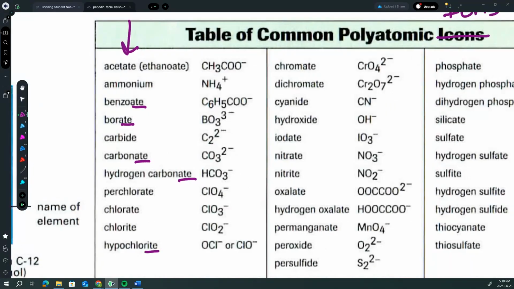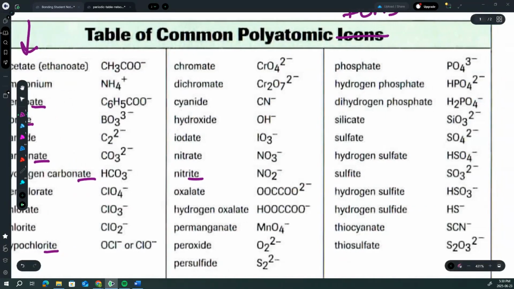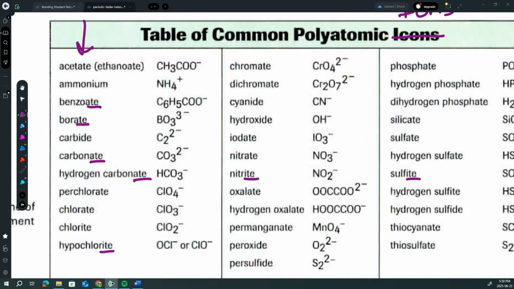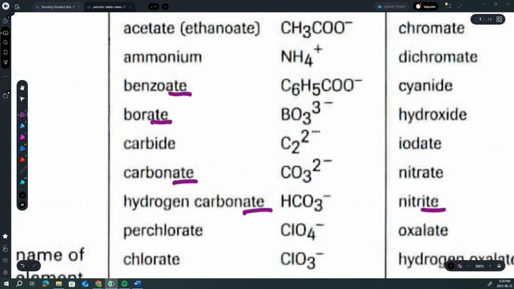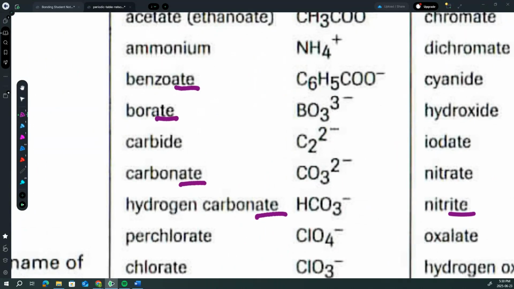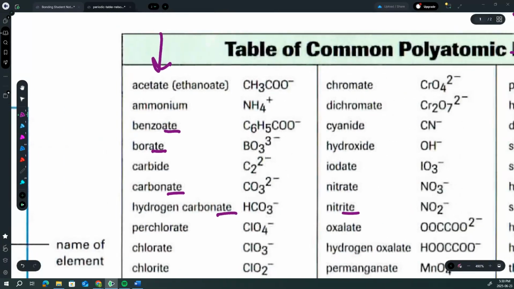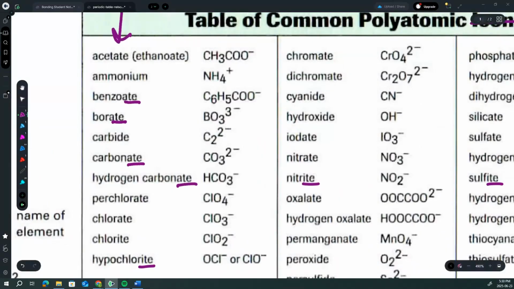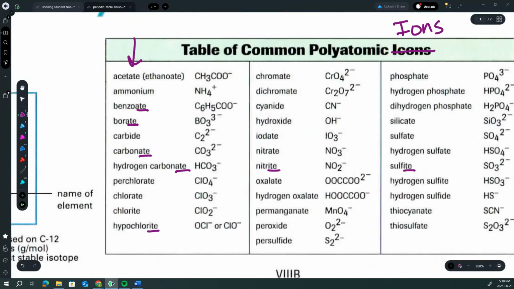So hypochlorite, nitrite, sulfite. So the endings are very important. Typically, if the ion name ends in IDE, you're typically just talking about one element. Whereas if it ends in ATE or ITE, you're going to have more than one element, and it's going to be a polyatomic ion.